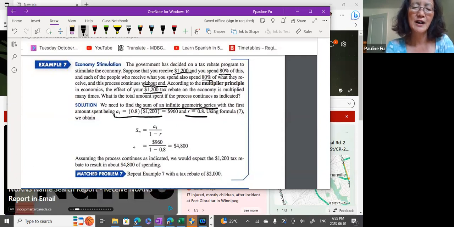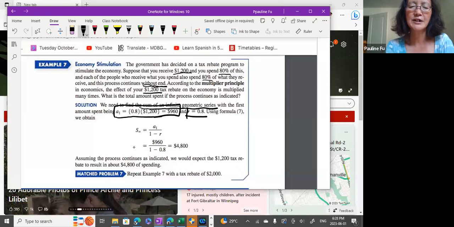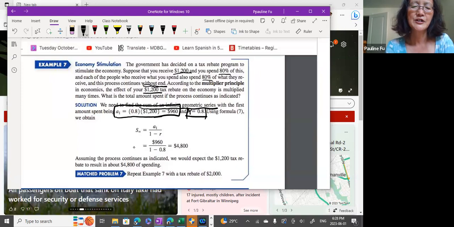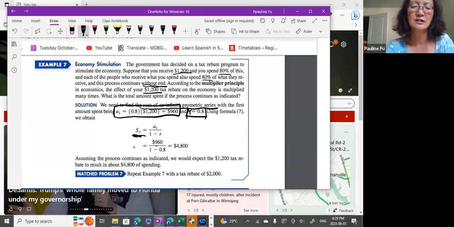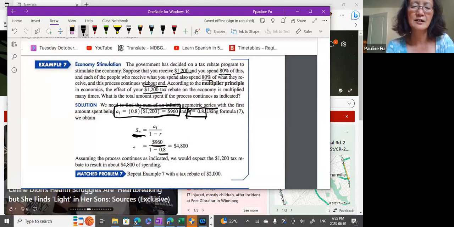So you identify a1, the first item, you identify the common ratio r, and then you use the formula for the infinite series. It is just the first item over 1 minus r. The first item 960, common ratio 0.8. So the final result, 4,800.